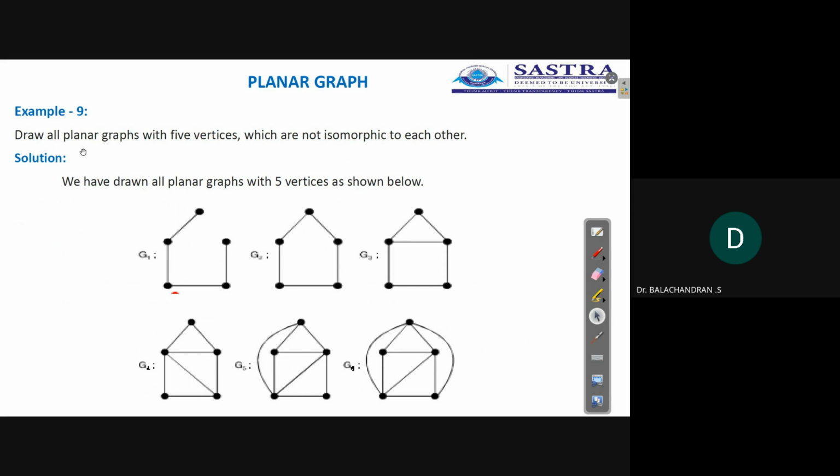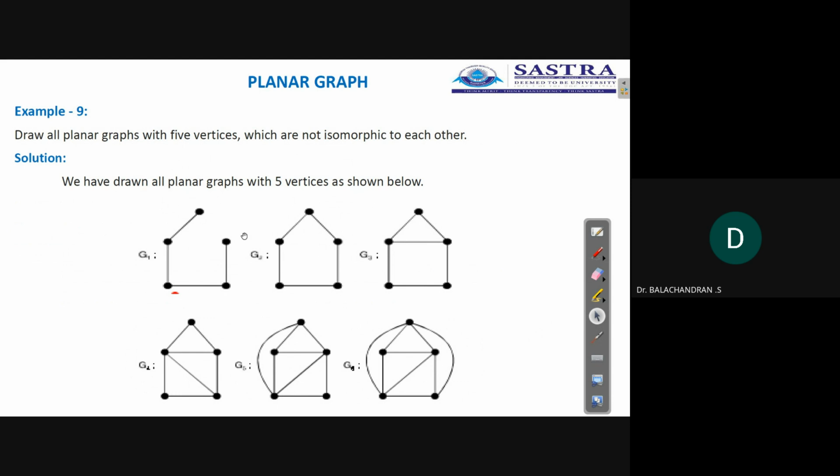Okay, next, draw all planar graphs with 5 vertices which are not isomorphic to each other. So we know that K5 is not planar, but this is a planar graph with 5 vertices.